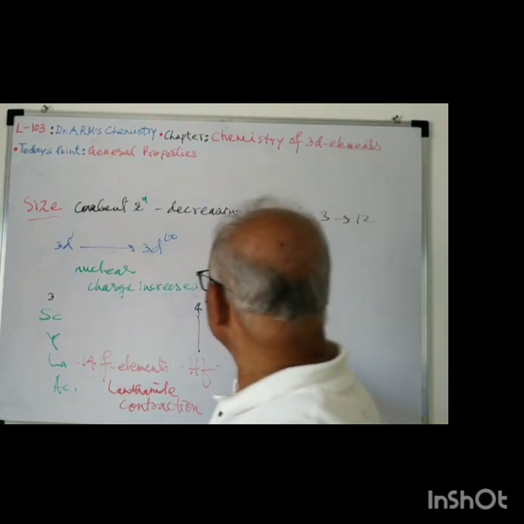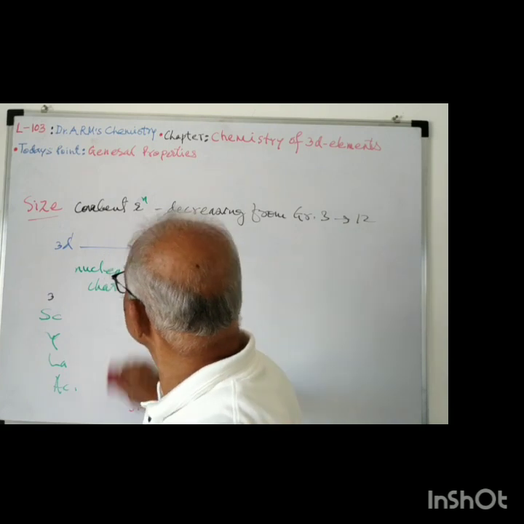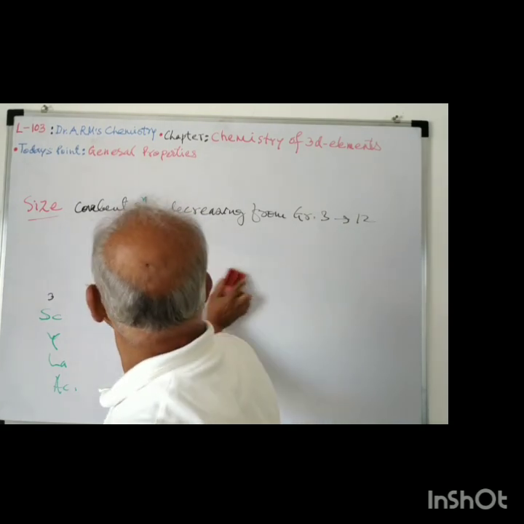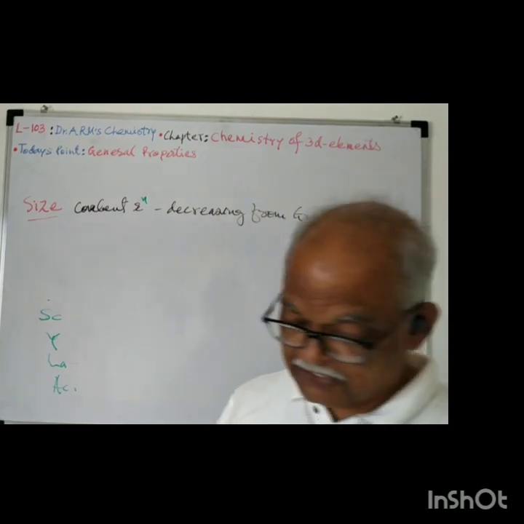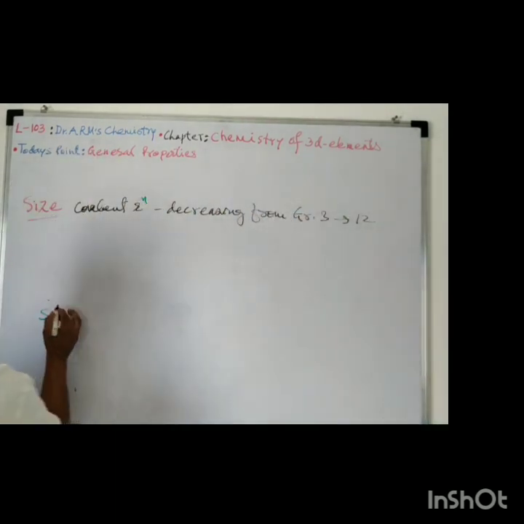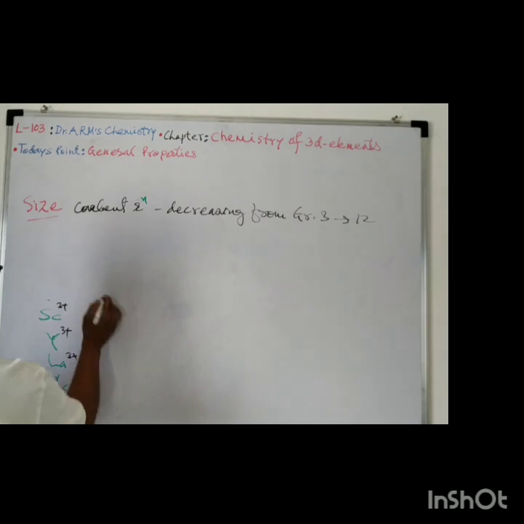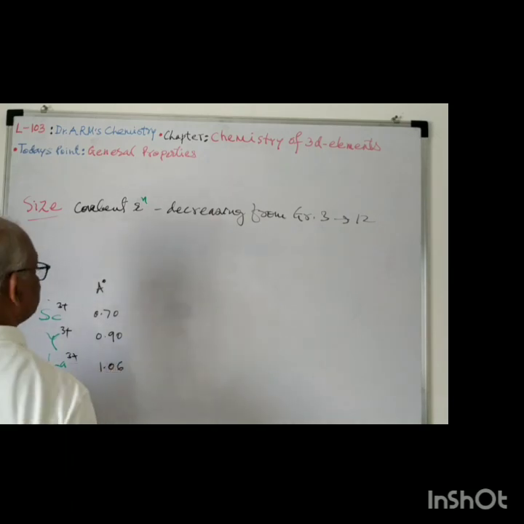For example, if we consider the size, it shows that in case of scandium 3+, if we consider the size in angstroms, the size of scandium 3+ is 0.70, then yttrium 0.90, then lanthanum 1.06.